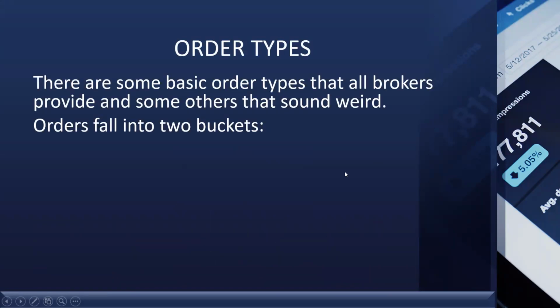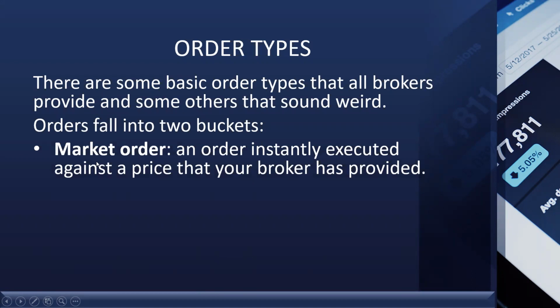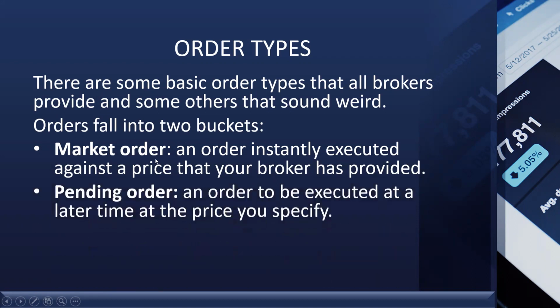So order types are categorized into two. We have the market order and we have the pending order.